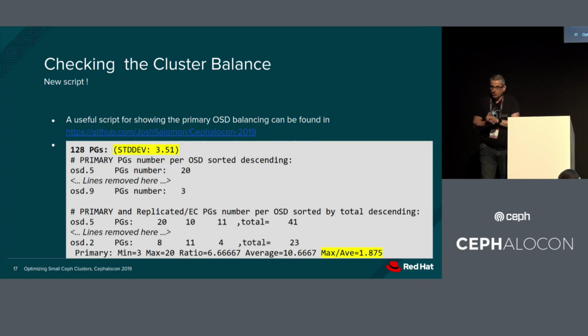Max to average ratio matters because if we get, again, random requests, we're going to get one device, in this case, getting almost twice the requests of the others. And what it actually means, as we said, weakest link in the chain, is that we are going to have a bit more than half of the performance of the cluster, in this case, on read operations. So we see also min, max. What's really important, max to average is a very good number. So std-dev and max to average are good indications of how the system is balanced.